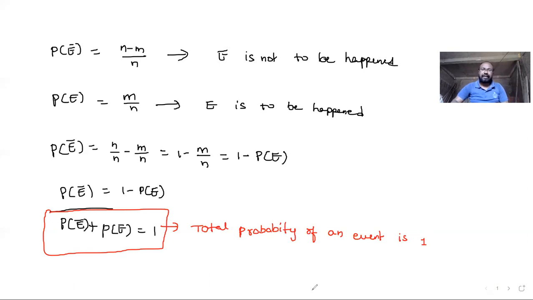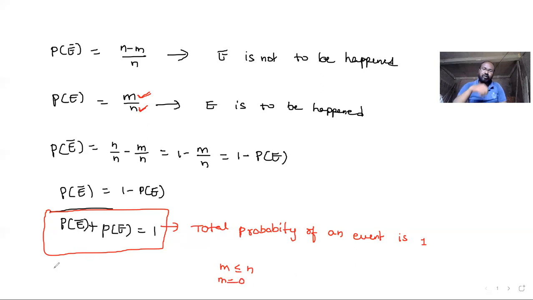See here, m is an integer, n is an integer. So both are positive integers. So m is less than or equal to n. Sometimes m may be 0 also.